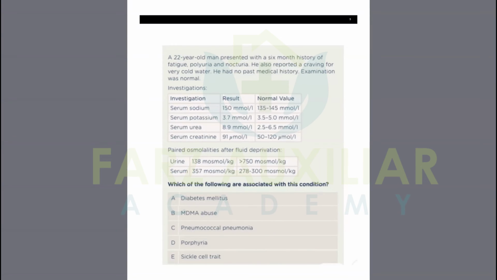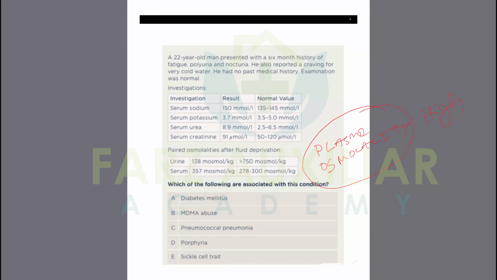The urine osmolality is 130, which is low. Serum plasma osmolality is 357. Which of the following are associated with this condition? Diabetes mellitus, MDMA abuse, pneumococcal pneumonia, porphyria, and sickle cell trait.